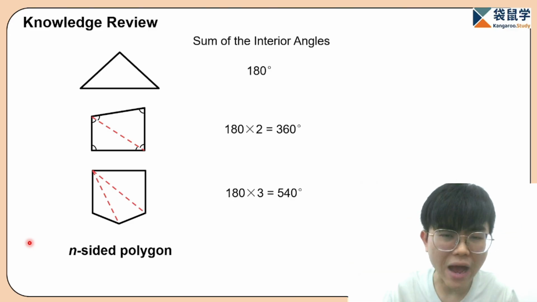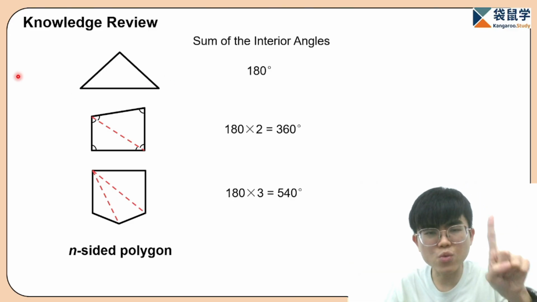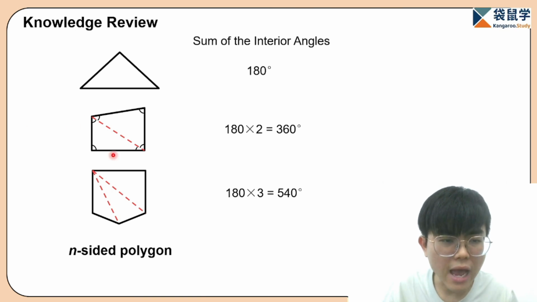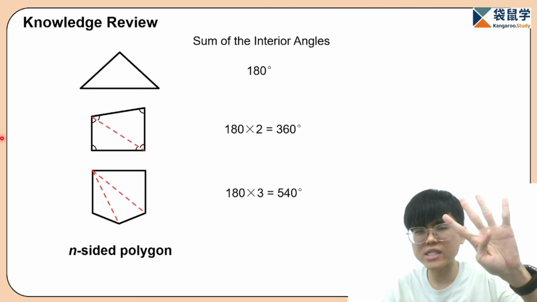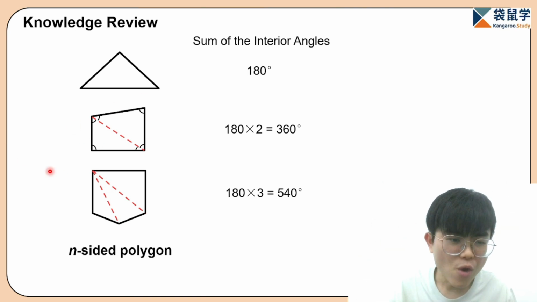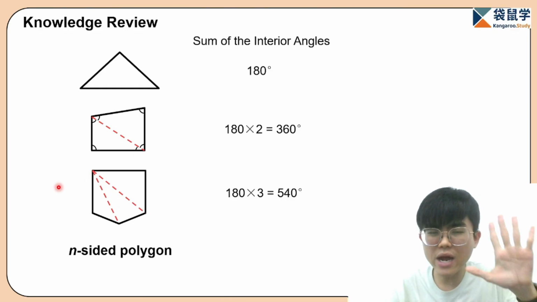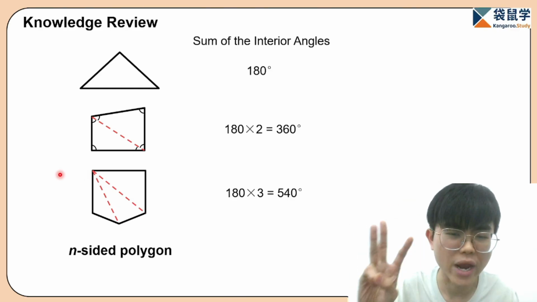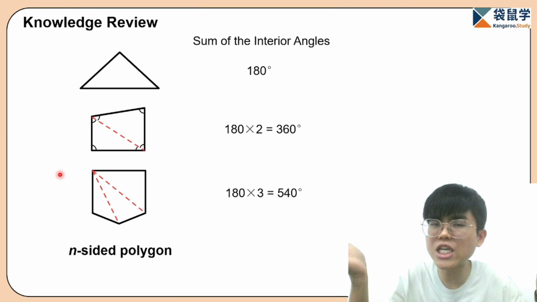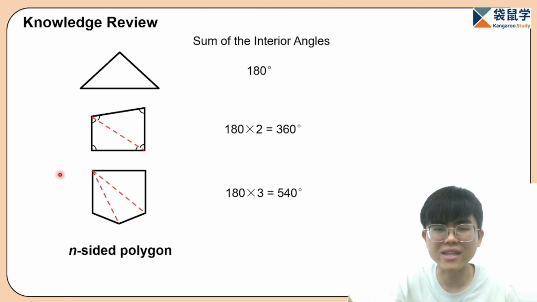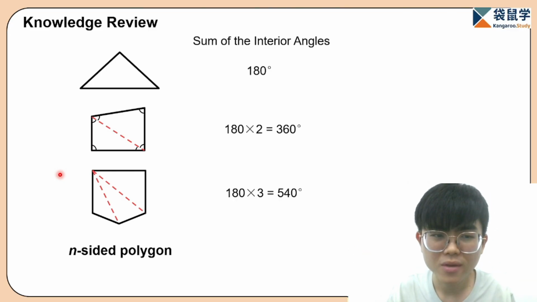Now let's observe our examples. When we have 3 sides, that is one triangle. When we have a quadrilateral, which is 4 sides, we have 2 triangles. When we have a pentagon, which is 5 sides, we have 3 triangles. So what's the relationship between the number of sides and the number of triangles?